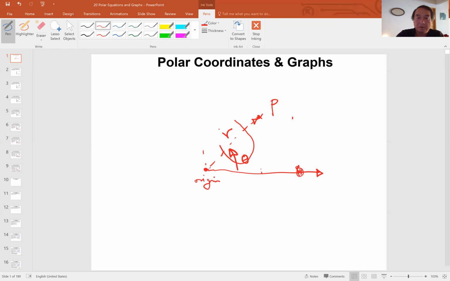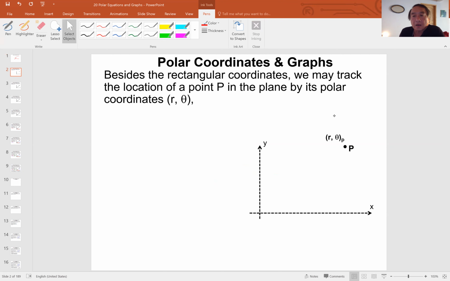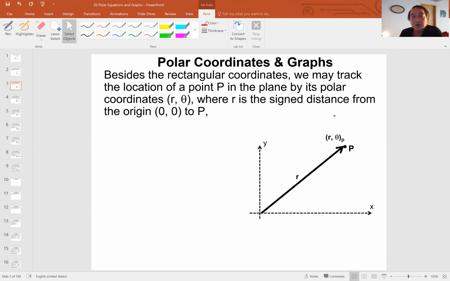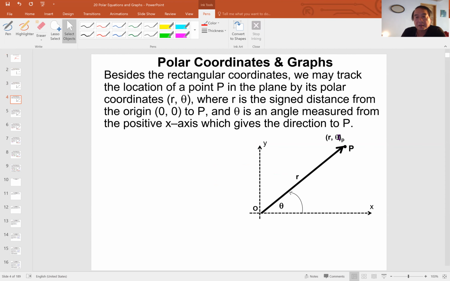So this pair, r theta, is the so-called polar coordinates of the point. So both are ways of specifying locations. Here is P, and there's the r, and there's the theta.